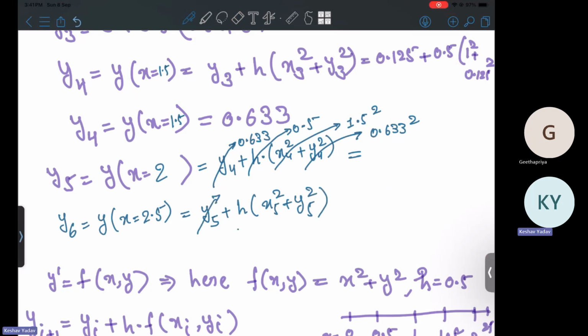So this value is 0.5, this value is 2 squared. So y5 comes around 1.958.